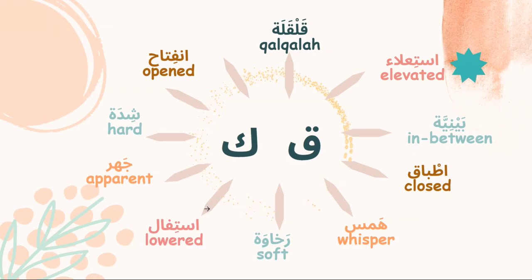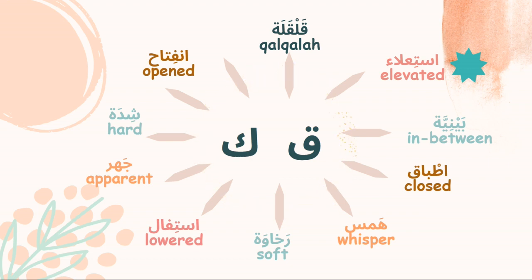Let's go here first, and then we'll go back to al-jahr. Now, what about istifal? Which one is lowered and which one is elevated? The qaf is elevated. We say qa, but what about the kaf? It's lowered.